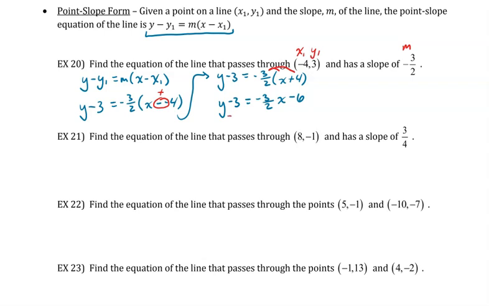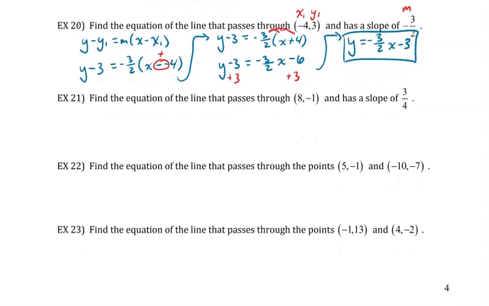Last step, if we want to solve for y, add 3, and we end up with y equals -3/2 x minus 3. And then we'd be done. All right. Again, it does depend on what the question is asking you. Some of them will ask for it in different forms, but just want to make sure that I showed how to get it into that form at least.